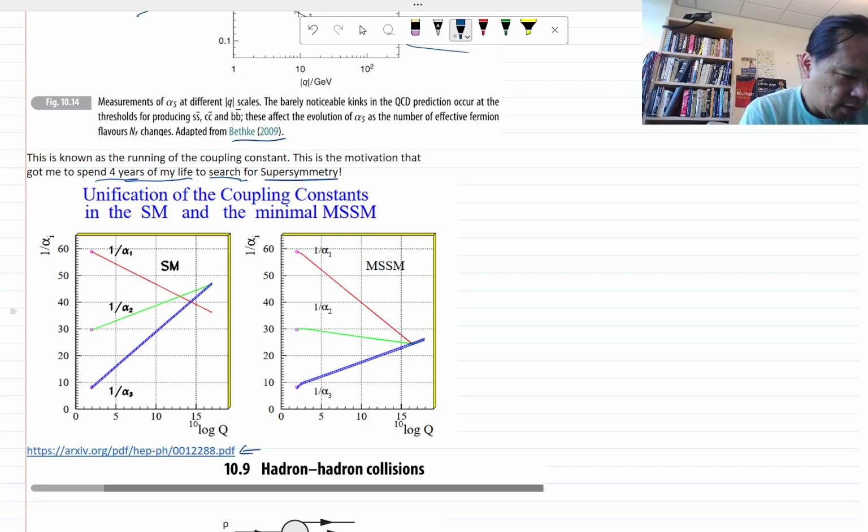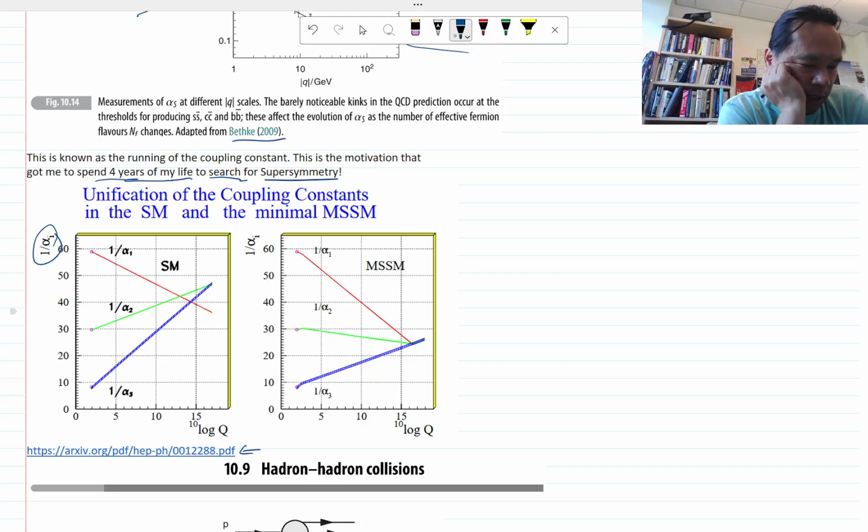If you were to plot the inverse, the reciprocal of the coupling constant as a function of Q, lowercase q, uppercase Q, let's just think about it as the absolute value of it. Since electromagnetism increases at high Q squared, and we're plotting the reciprocal, it's going to go down as a function of Q. We're doing the opposite.